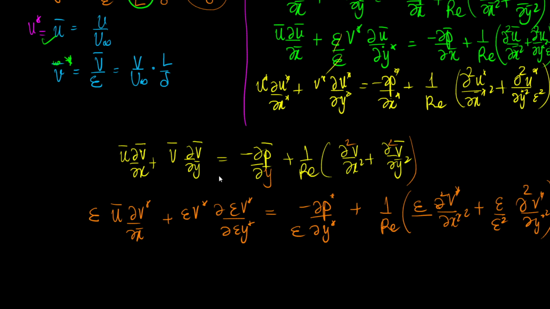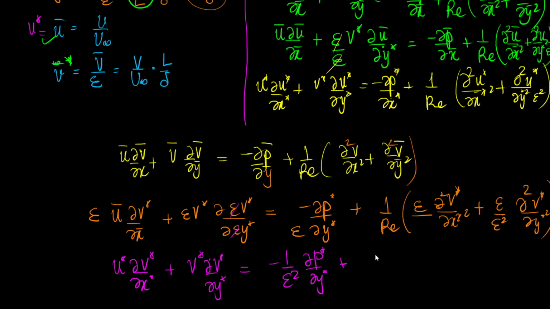So if we divide everything by epsilon, we have u star del v star upon del x star plus v star del v star del y star is equal to minus 1 upon epsilon square del p star upon del y star plus 1 upon Re.